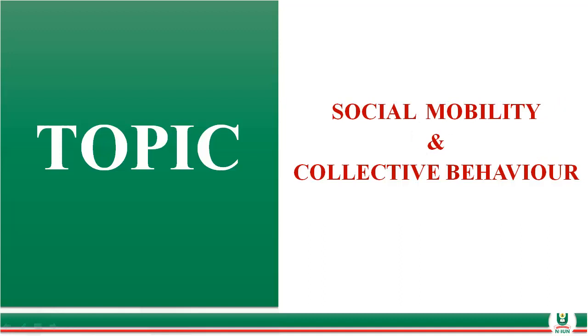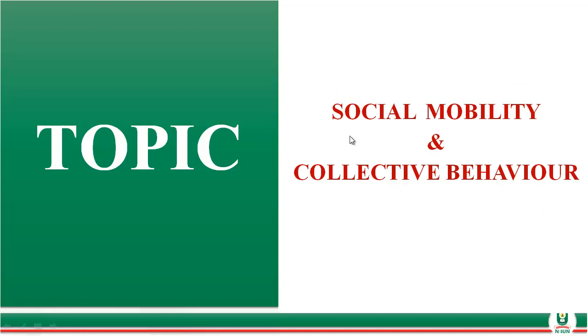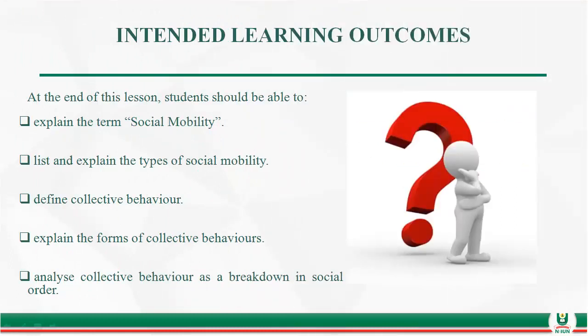Now, before we dig deep into these topics, let's quickly look at the intended learning outcomes for this lesson. All right, so these are things that you are expected to do at the end of the lesson. So at the end of the lesson, you should be able to explain the term social mobility. You should also be able to list and explain the types of social mobility.